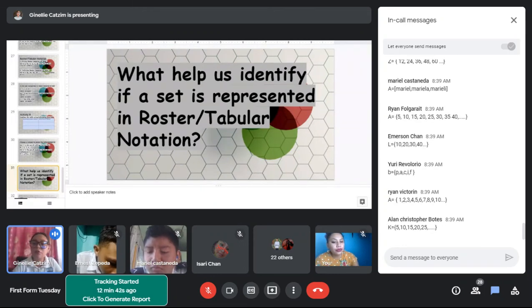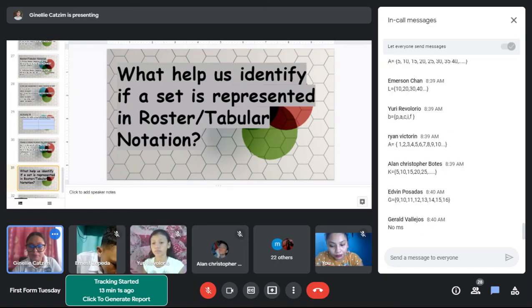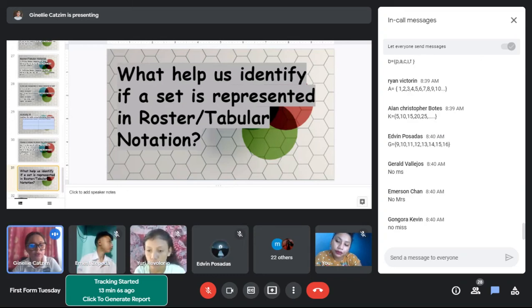Okay, very good. Many of you know now how to write a set in raster form. So this is all about raster or tabular notation. Any questions? No, Miss. Okay, I hope so.